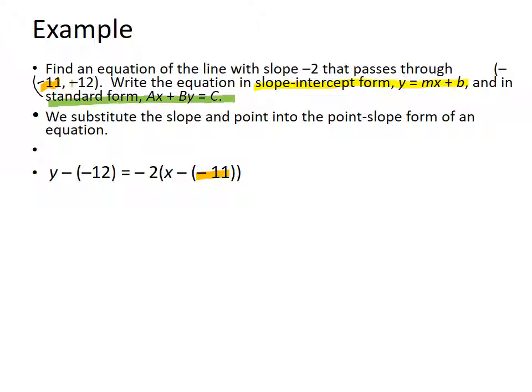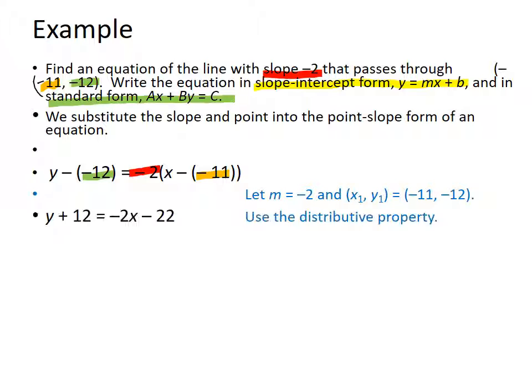This would be my y1, which is why this says -12. Okay, so I plug those in. Also notice that my slope is plugged in. My slope is given as -2, so where m would be, I plugged in -2. Okay, so now I clean it up, I simplify. By simplify, we want to get rid of our parentheses. So notice I go ahead and distribute.